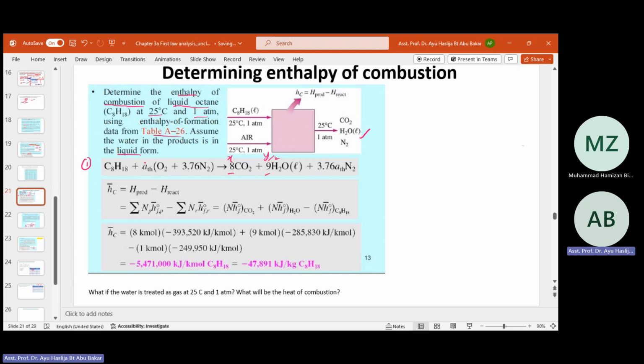Okay, so sekarang kita kena cari A. This one is stoichiometric. Dia tak ada mention excess air or anything. So assume stoichiometric. So here A, macam mana nak cari A? Kita balance oxygen, left side.